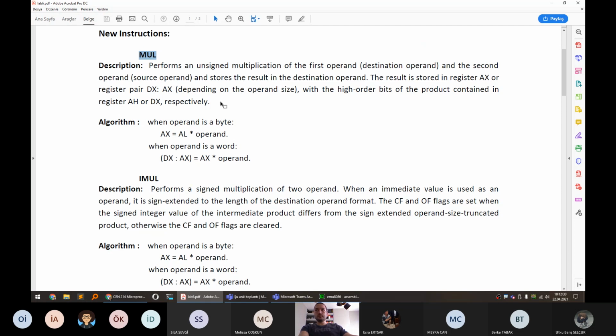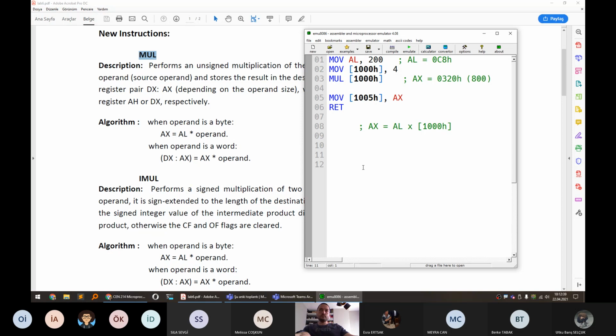That's why multiplying signed numbers with MUL will result in wrong calculation. Not always, but generally. For example, let's change this number into a negative value and see the result.